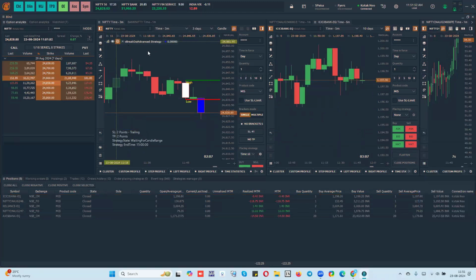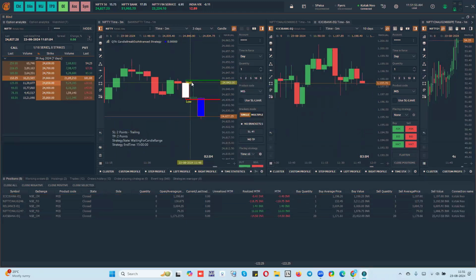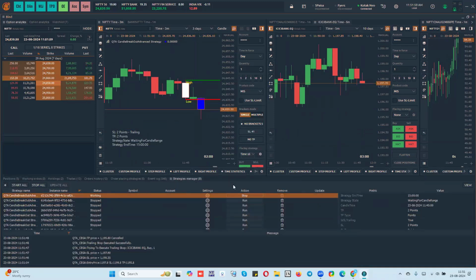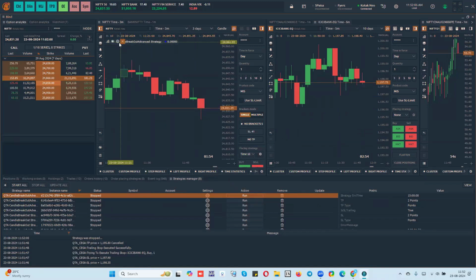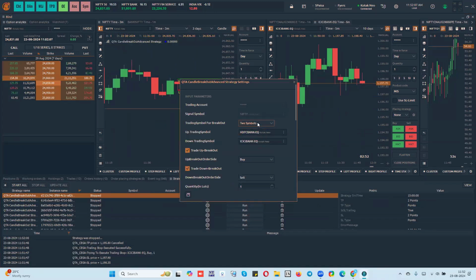Okay, now let's go back to another example. Since in this case I had selected both directions, the strategy is still working, so I'll stop the strategy. Now I'll go back to the parameters again and change it to two symbols option mode.